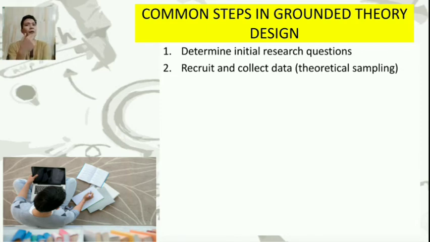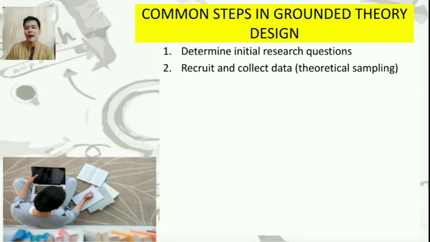So meron tayong dalawang kinds of sampling. First is we have the statistical sampling, which is both probability and non-probability sampling. Sa statistical sampling kasi, fix na yung number of participants mo, fix na yung method mo ahead of the data collection that you will be doing later on.